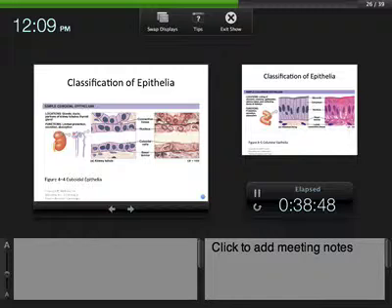Cuboidal, simple cuboidal. The convoluted tubules of the kidneys are made of these cuboidal cells. When you look at them, they have a squarish shape.